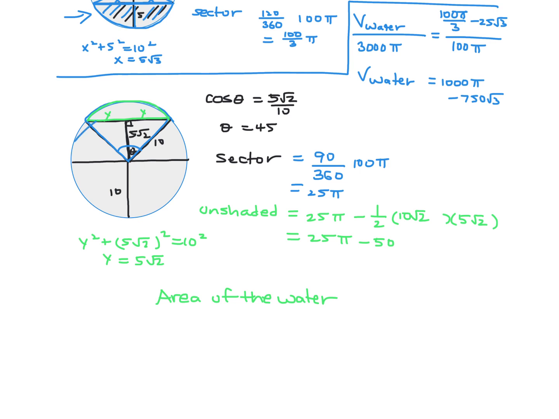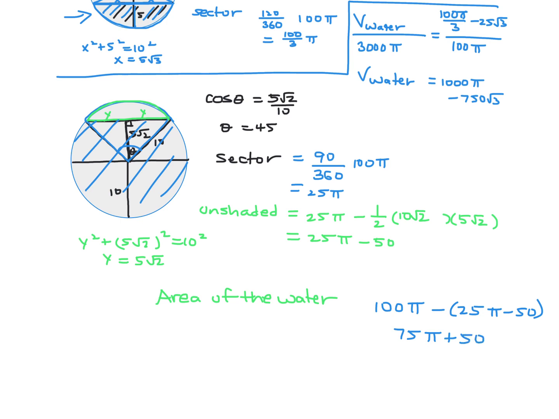We just want all this stuff right here. That is basically the full area, which is 100 pi, minus this top unshaded. So minus the 25 pi minus 50. That's how you would do it. I'm pretty sure about that. And that's 75 pi plus 50.